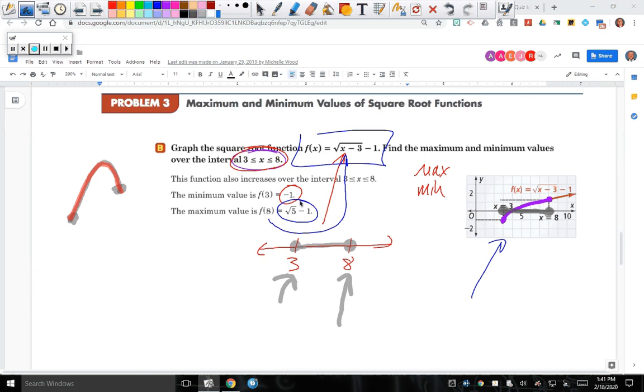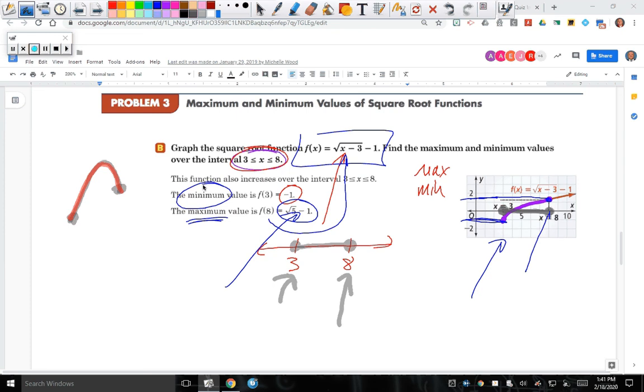You can tell me what the square root of 9 is. What's that? So the square root of 5 is going to be in between what? 2 and 3. So maybe 2.2, somewhere closer to 2. So 2.2 minus 1 is about 1.2. So at 8, you're about 1.2-ish. And that obviously is bigger than this negative 1. Thus, there's your max and there's your min.